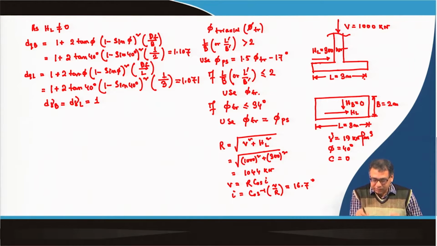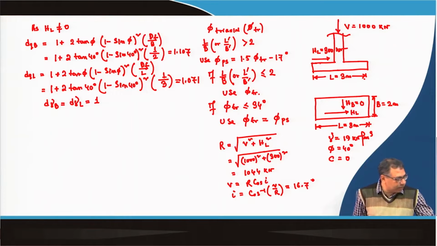Then I talked about how to convert phi if it is measured in triaxial, and then use it for plane strain condition. As your HL is not equal to 0, you have to go for two sets of factors and equations. That I did for the depth correction factors, dQB and dQL.